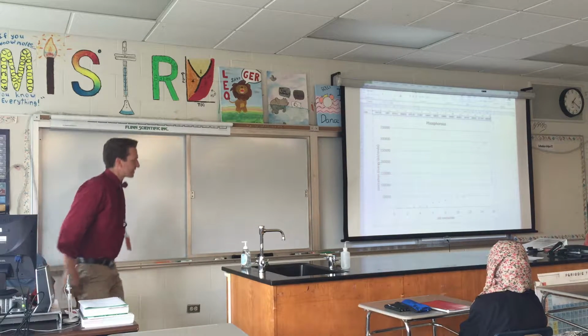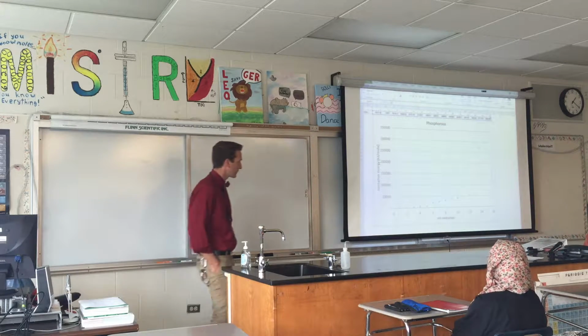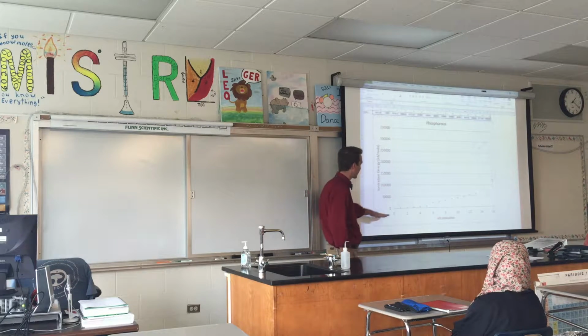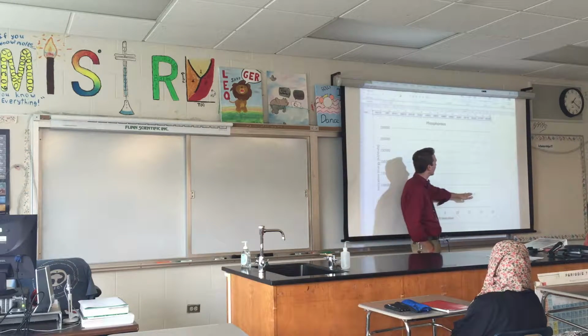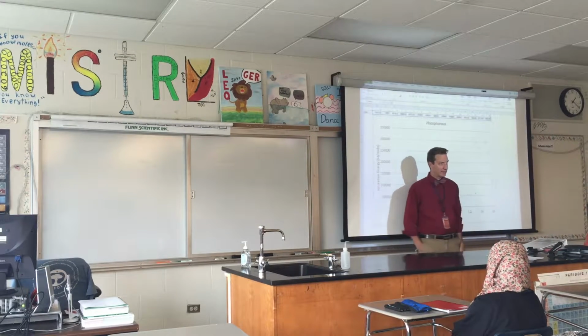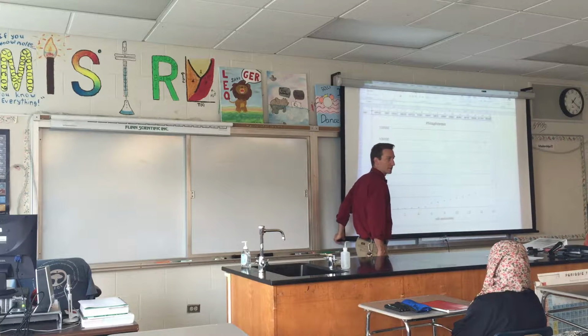All right, so what do we notice? Yeah, so we're pretty low in energy, low in energy, low in energy, and then we see this huge spike. What's that spike all about? The closest orbital? The two closest electrons.